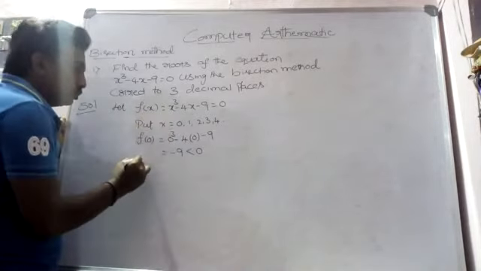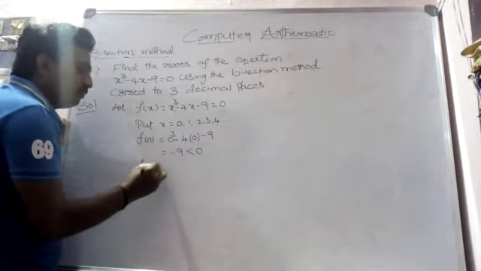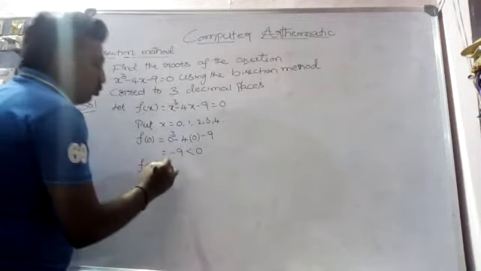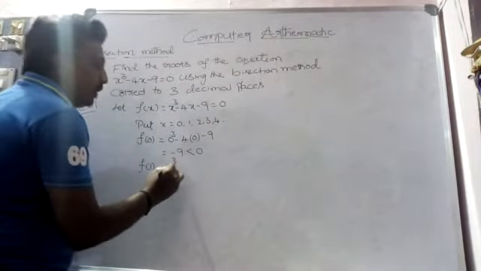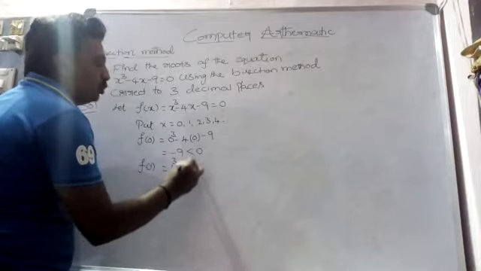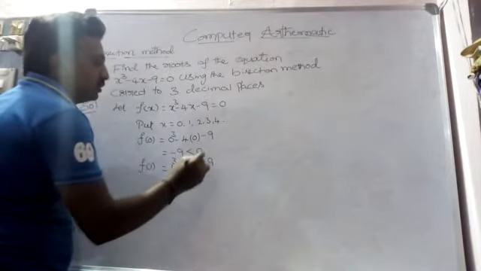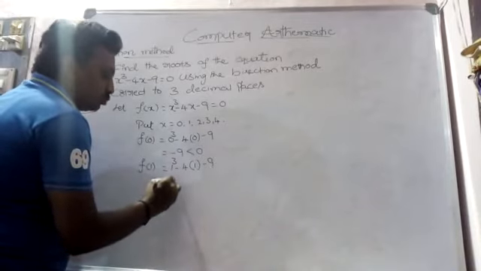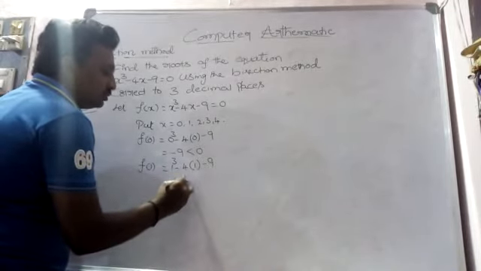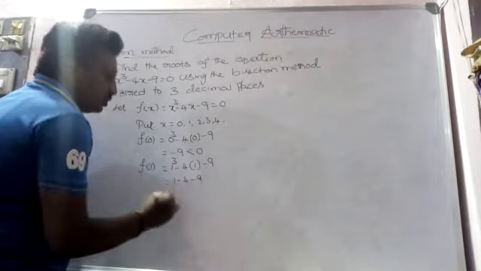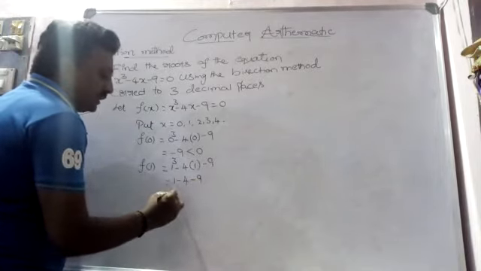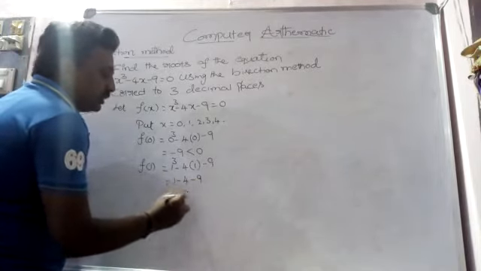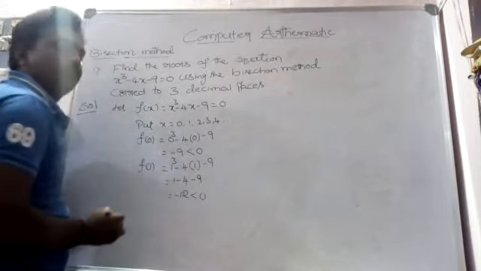Now go to the next one. f of 1 equals 1 cube minus 4 into 1 minus 9. 1 cube is 1, minus 4, minus 9. That equals minus 12. It is also less than 0.